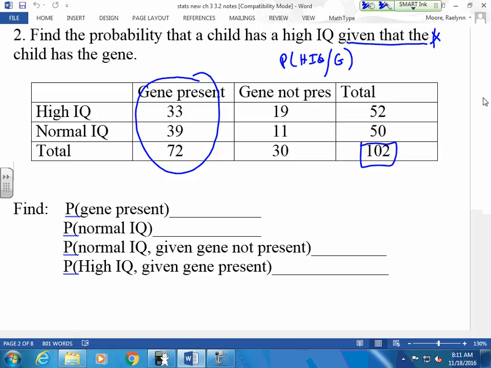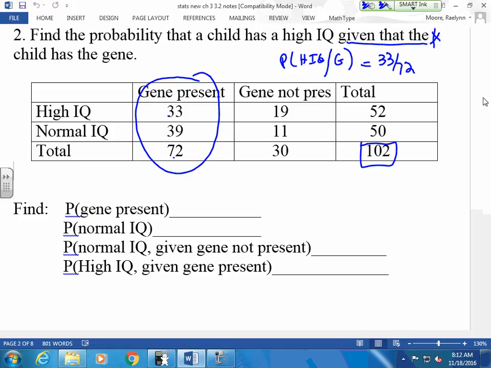So what is the probability that the child has a high IQ? 33, stay in this little circle, out of 72. Okay, the given part is the part we do first. That's the independent part. Then the dependent part is what we look at next, inside of the given.